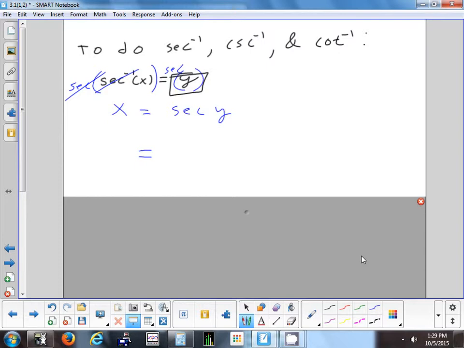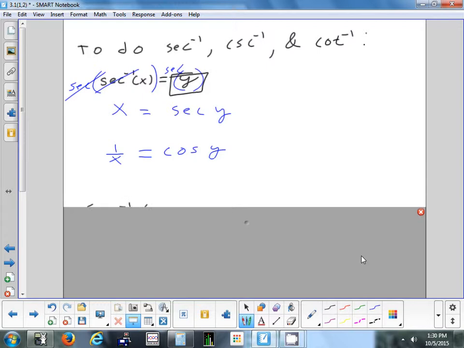If you flip the secant, the trig function you change it to is cosine. But if you're going to flip what's on the right, what else do you have to flip? Well, you have to flip what's on the left. So what we just did is flip both sides. If you flip secant, you get cosine. If you flip cosine, you get secant.